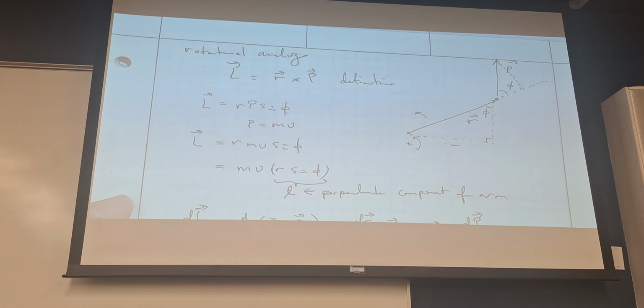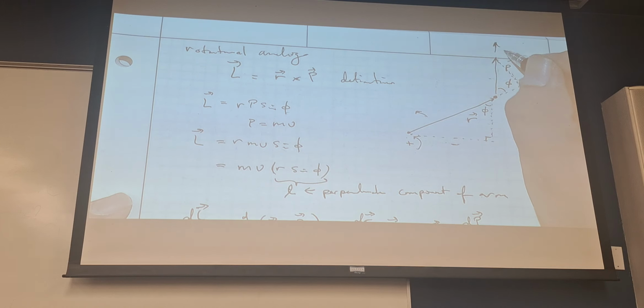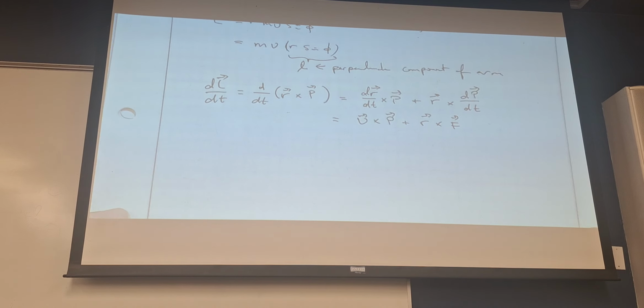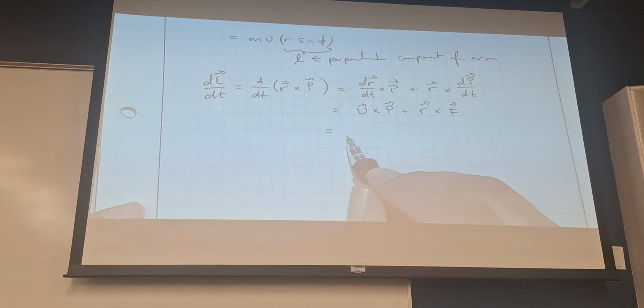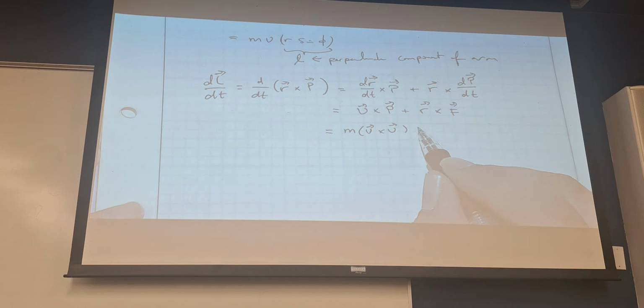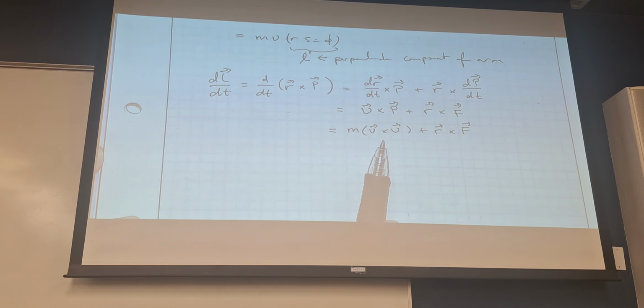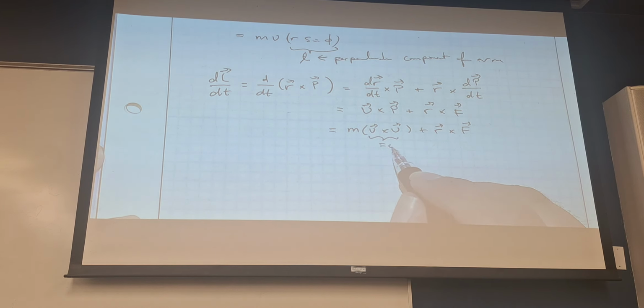So this becomes mv cross v plus r cross F. v cross v, they're pointing in the same direction, so the angle between them is 0, and this becomes 0.